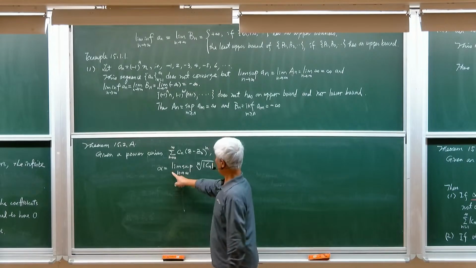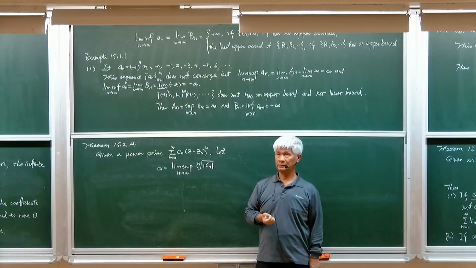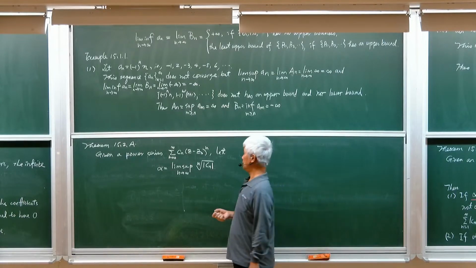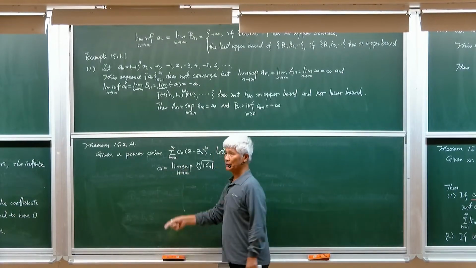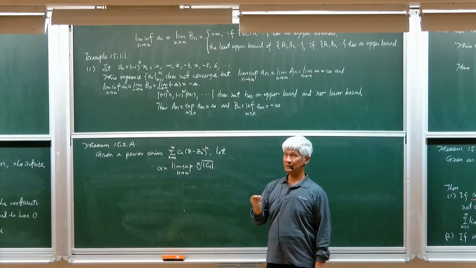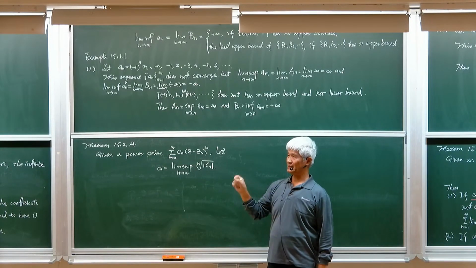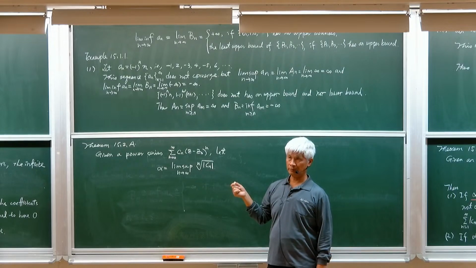And of course, alpha always exists, and alpha is greater than or equal to 0, but less than or equal to positive infinity.